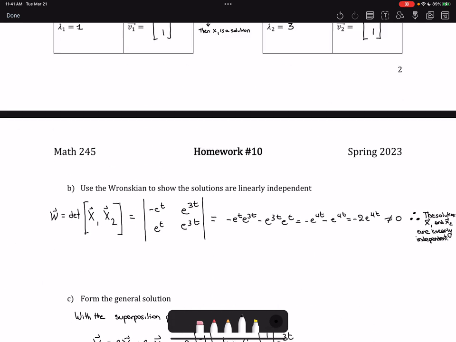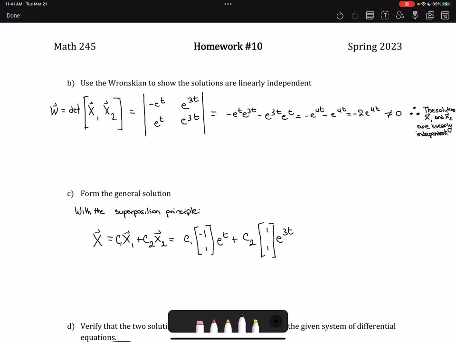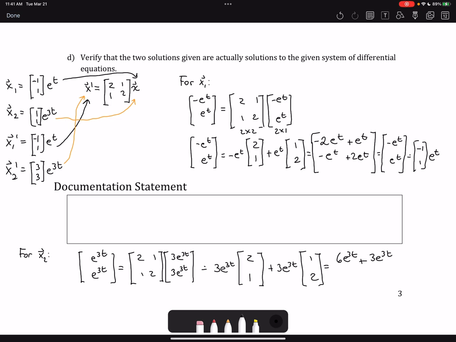Let's see, where are we finding the mistake? And here at the bottom, we're going to have, instead of 6, 3 e to the 3t plus 6 e to the 3t. And so here we see that we are getting 9 e to the 3t and 9 e to the 3t.